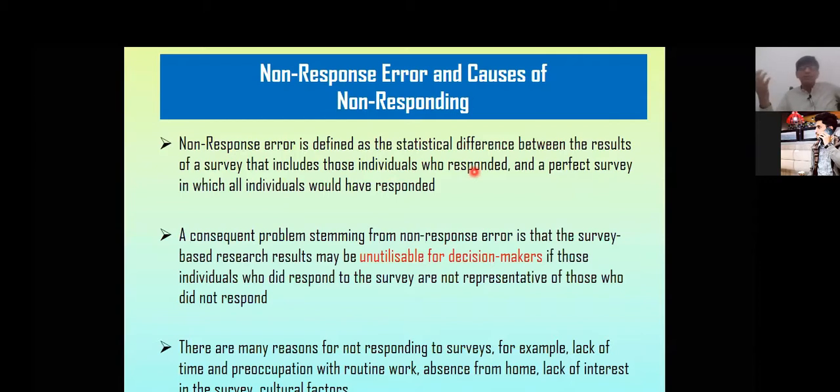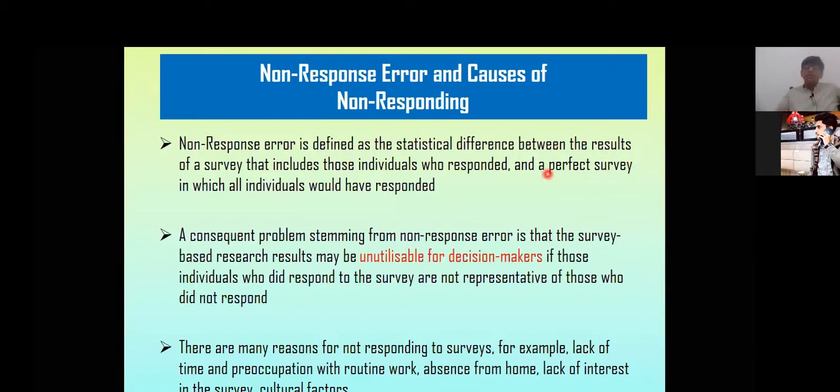And if the perfect survey is there, if the sample size is 100 and all the people have given the response, it's the perfect survey. But practically, in the world, a perfect survey is almost impossible, because most of the time it's very hard to reach the people.